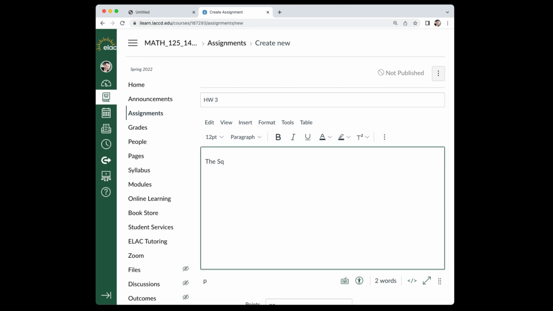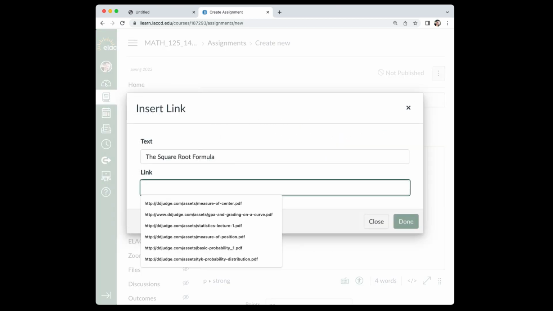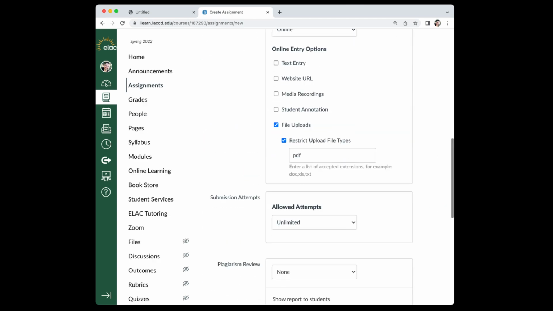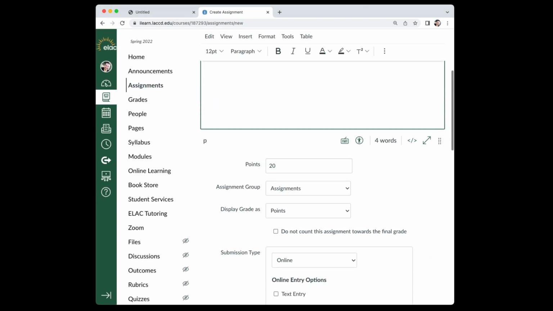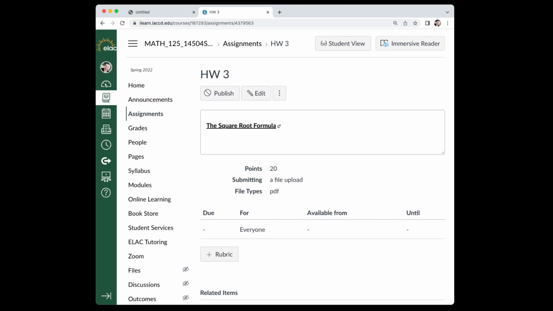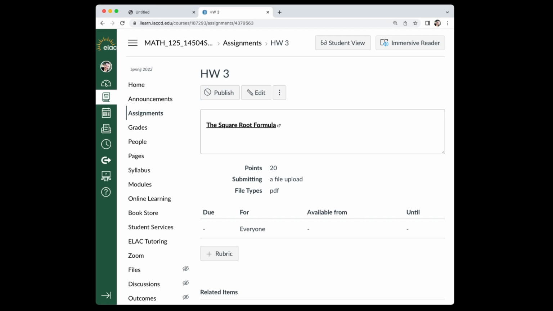This is called the square root formula. Bold. So I'm going to put it there, and I forgot to put it again. Let's go back.